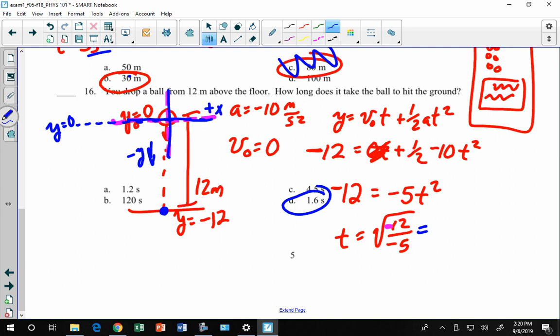This is plus x, plus y. This is minus y in this direction. And since it's down, it's negative. If you didn't set it at negative 12, you would have run into a problem here because you would have been trying to take the square root of a negative number. If that ever comes up, just say, oh, one of my numbers must have to be negative. Maybe I didn't use my acceleration as negative, or maybe my position I didn't use as negative. Just go back and revisit it. Okay?